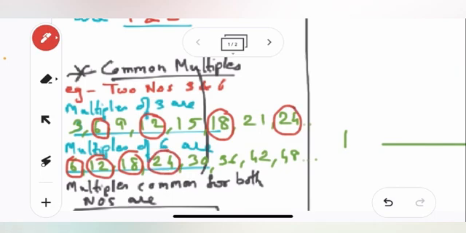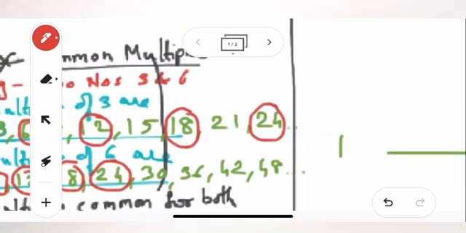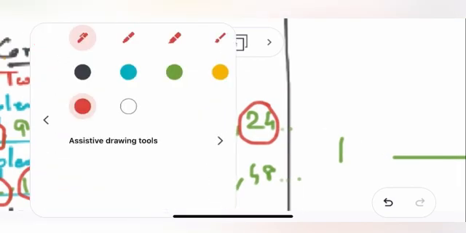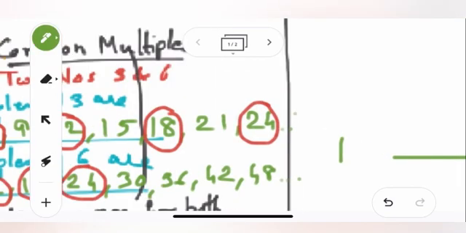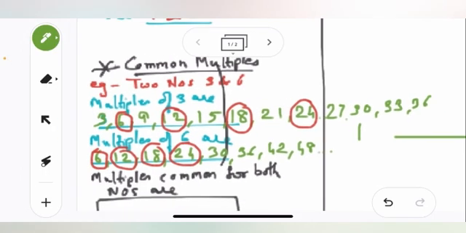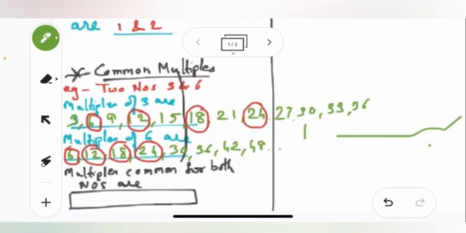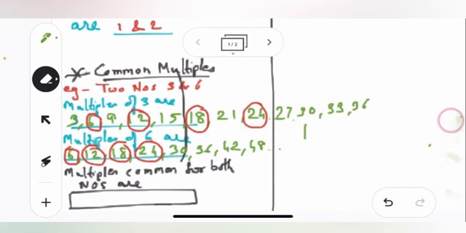So if we go further in the table of 3, 27, 30, 33, 36, this way we can get some more common terms.